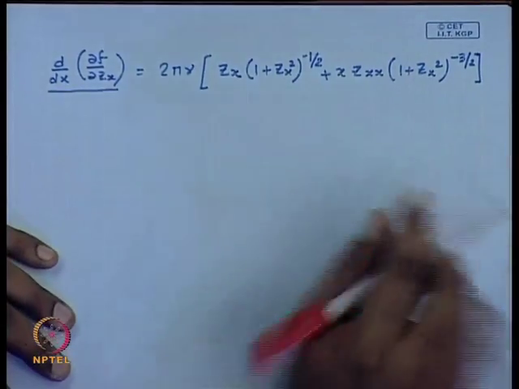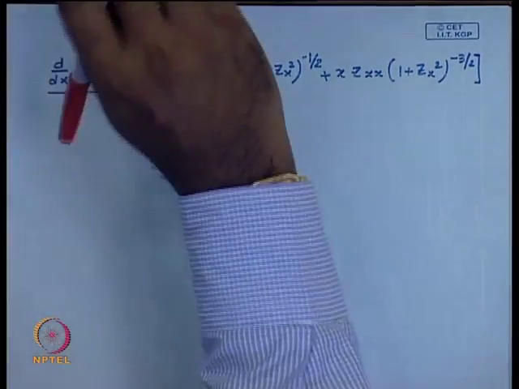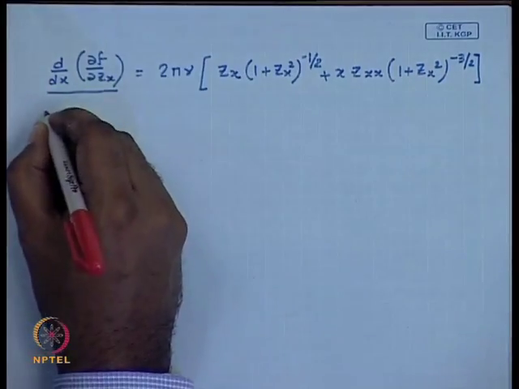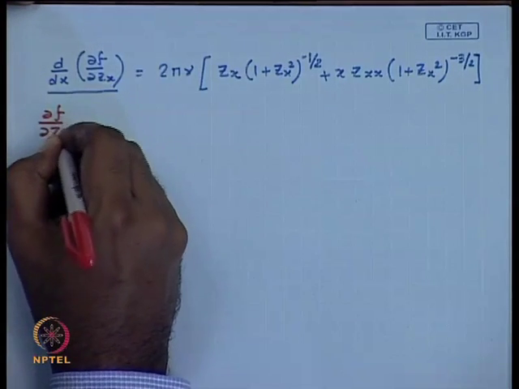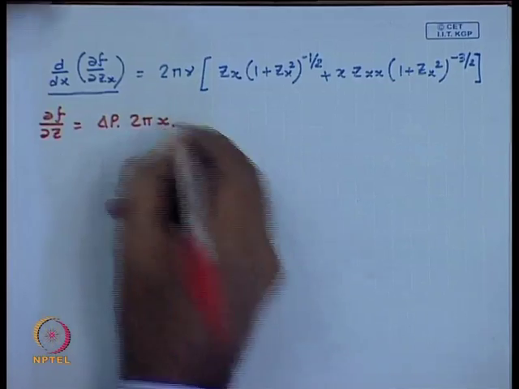Now, we relook and we also have del f del z to be equal to delta p into twice pi x.